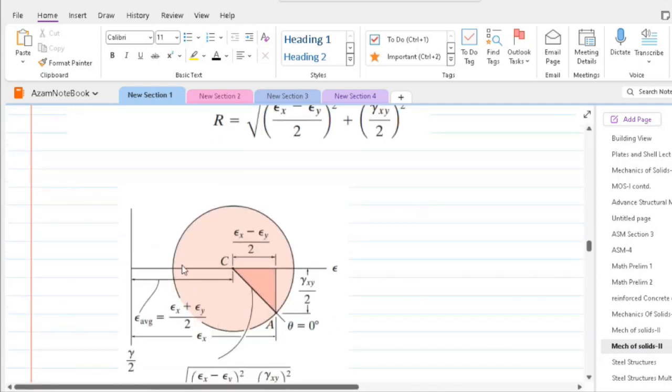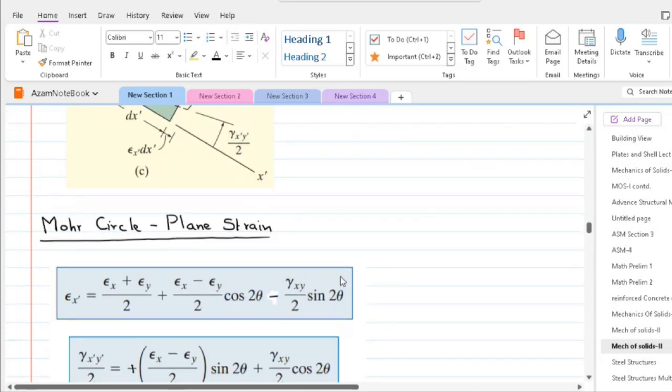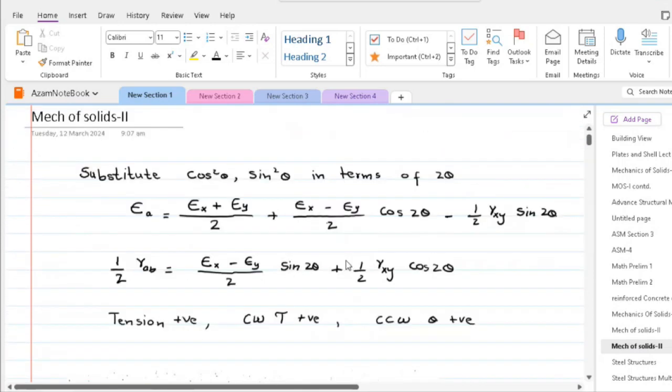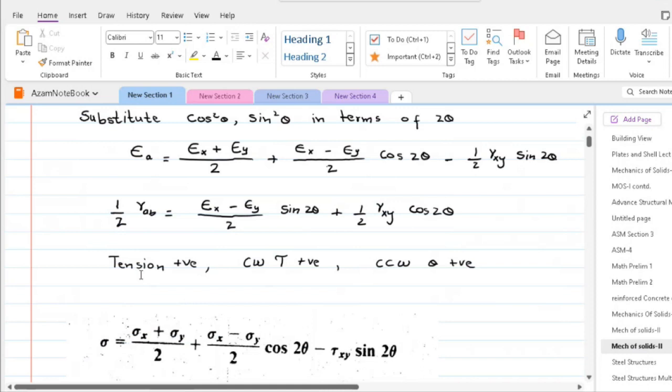The circle is drawn in accordance with our sign convention, which is that axial strains are positive, shear strain caused by shear stresses in clockwise direction is positive, and the orientation of the element in counterclockwise is positive.